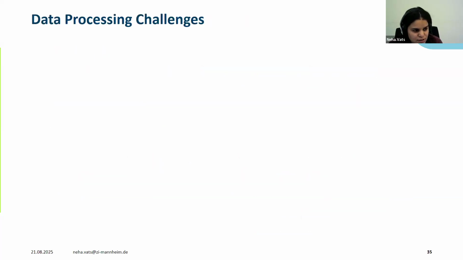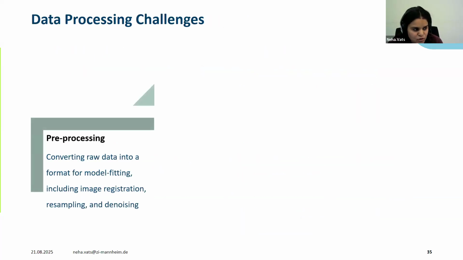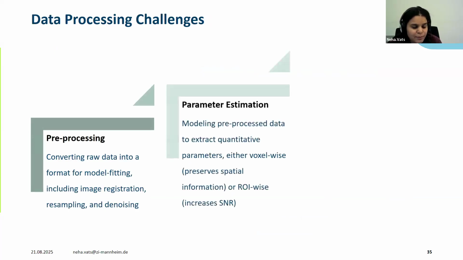So the data processing challenges that we see, first in the pre-processing stage. Converting this raw data into a format for model fitting, and that includes image registration, resampling, or denoising, is already a very tough task, followed by parameter estimation, where you have to have a mathematical model, pre-process the data to extract the quantitative parameters.